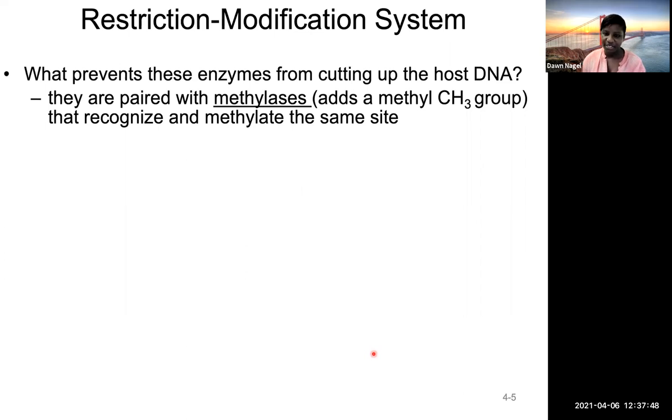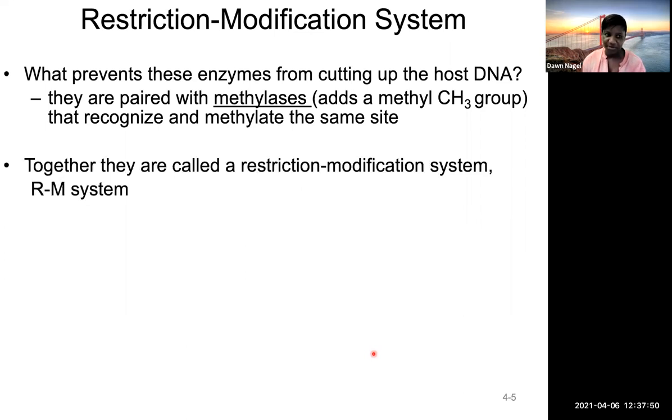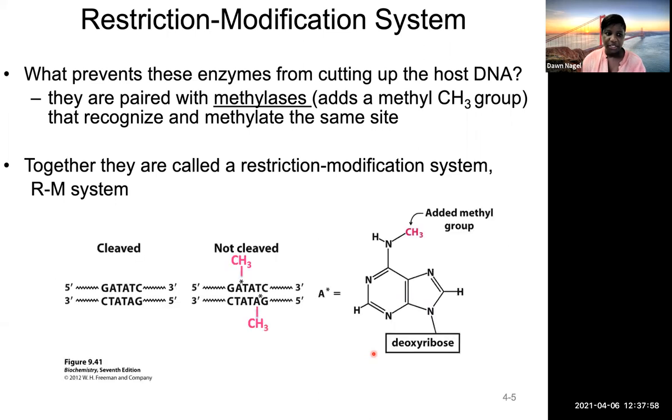And once this methyl group has been added to the DNA, it cannot be cleaved by these restriction endonucleases. If you have foreign DNA coming into the genome, there's no methyl group, so it will be cleaved by that restriction enzyme.